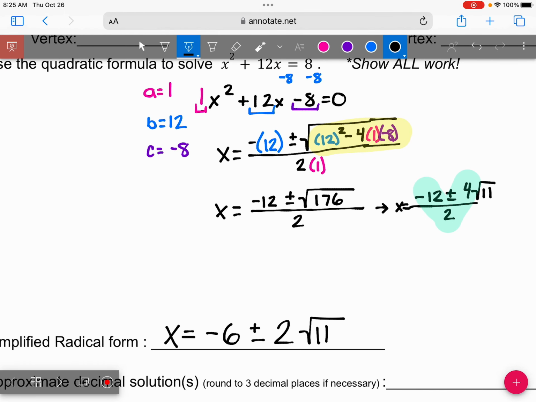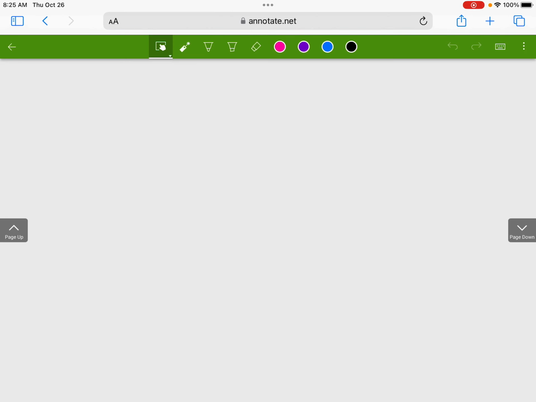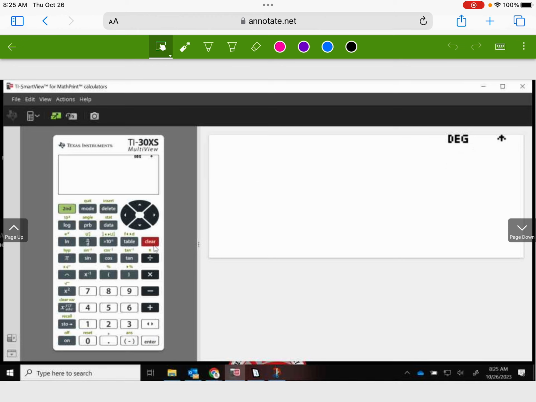That's what it is. Ooh, I went way smaller than I needed to, but that's okay. To get our decimal solutions, we split that plus or minus into our 2 options and type them into the calculator. So in the calculator, we're going to put in our negative 6 plus 2 square root of 11. And you can type it in just like that.